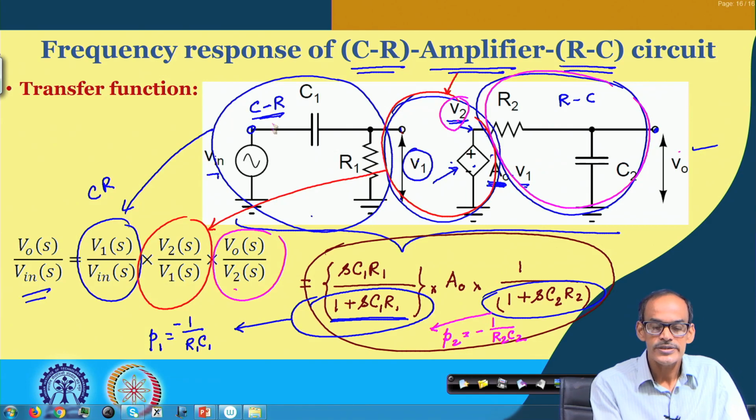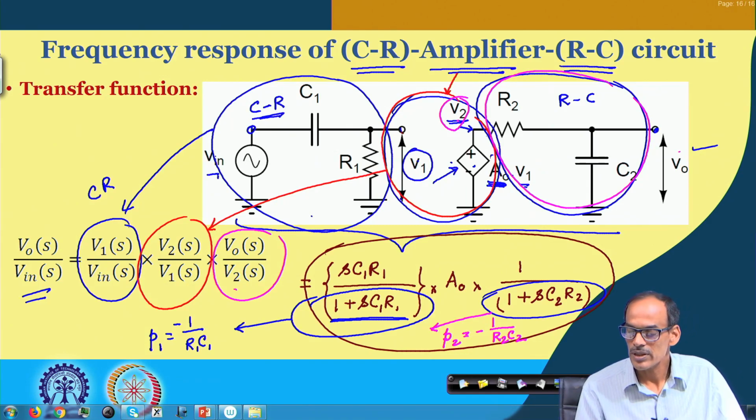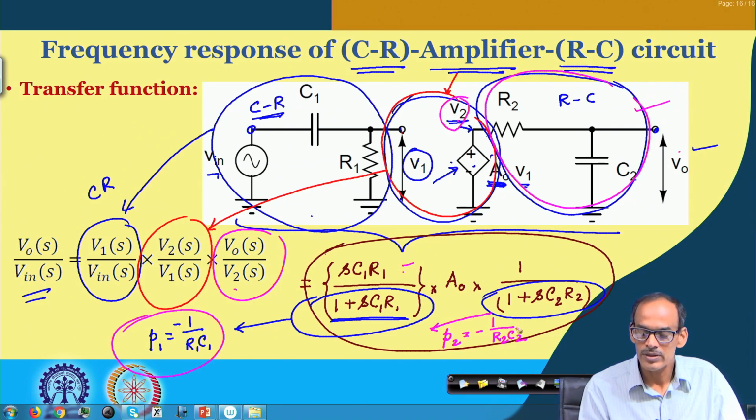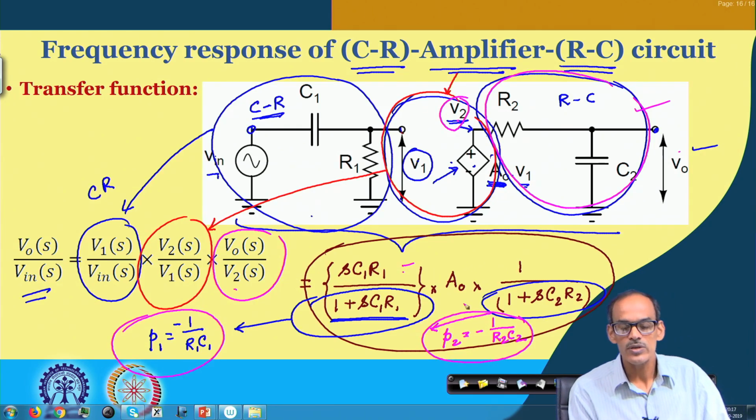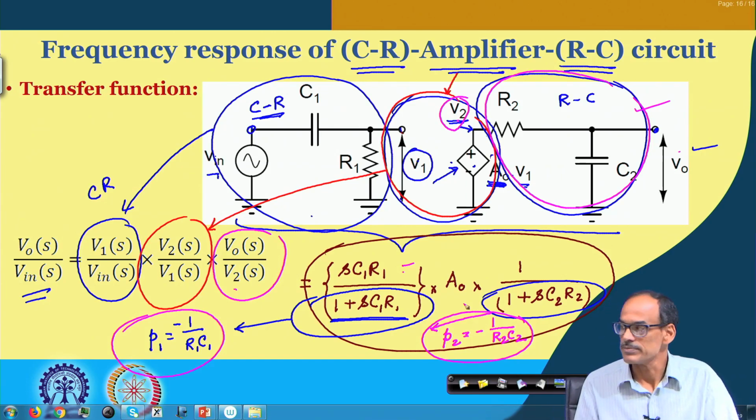This is the CR circuit, and we have seen that its frequency response is high pass in nature, and this one is low pass in nature. For our convenience, let us consider that the high pass cutoff frequency is lower than this one, and then try to see intuitively what kind of frequency response we can get out of that.